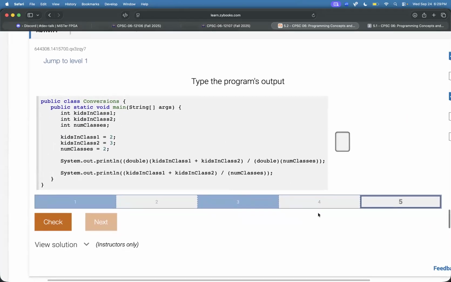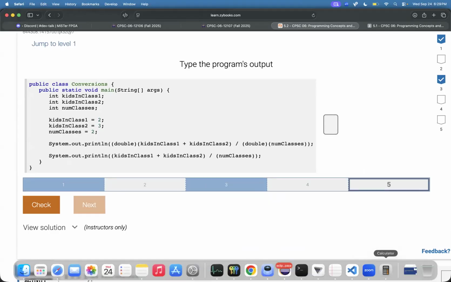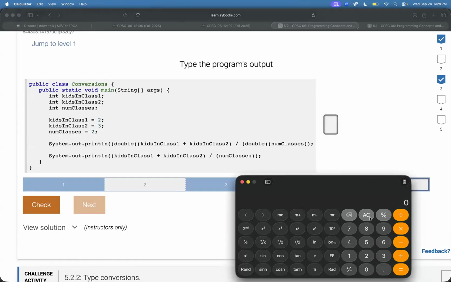Oh, okay. So this is very, very similar to the ones that we've done already. Get a calculator in case the math is hard. So we're going to be printing out system.out print line double kids in class 1 plus kids in class 2. So that's 2 plus 3, right?